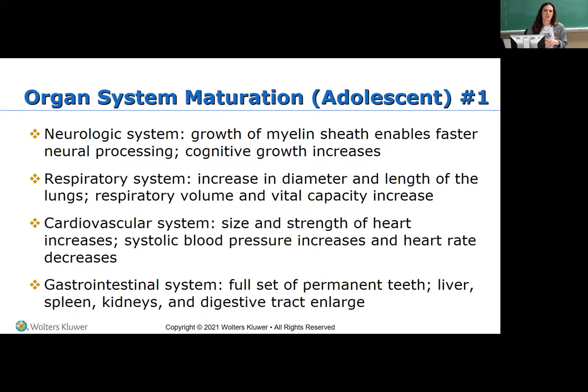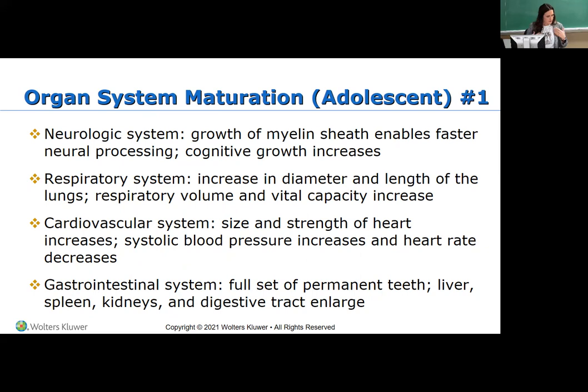Organ system maturation. We talked about brain development a little bit ago. I talked about that myelin sheath becoming a little bit more healthy. It enables faster neural processing, and what it allows is better cognitive growth.